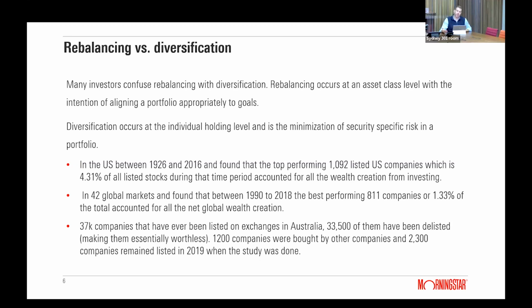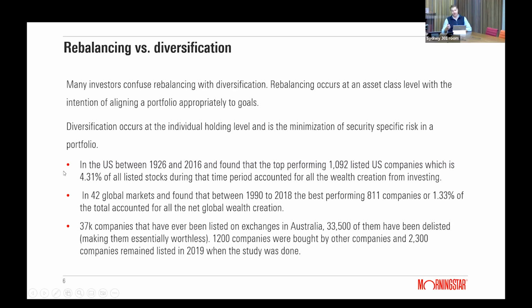Now, when he was referring to wealth creation, he was looking at returns in excess of T-bills. So treasury bills, a very short-term government fixed interest security, and generally fairly low returning. And a very narrow amount of shares, 4.31% of them, really generated all those returns.